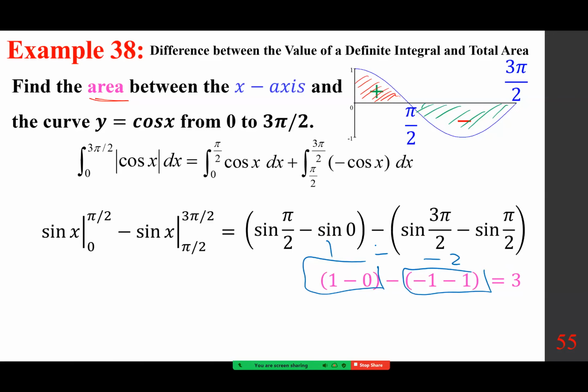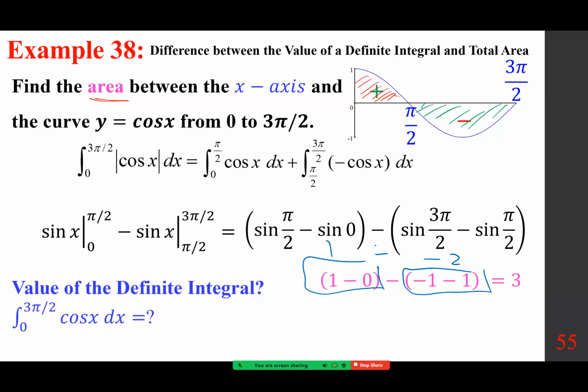However, what is the value of the definite integral, where we don't have an absolute value? Then this is considered as positive 1, and this is considered as negative 2. You add them up, you get negative 1. If you do the math, sine x from 0 to 3π/2, you get sine of 3π/2 minus sine of 0.